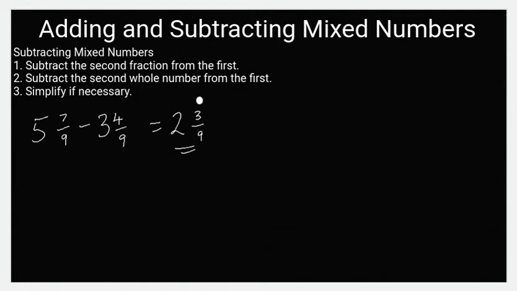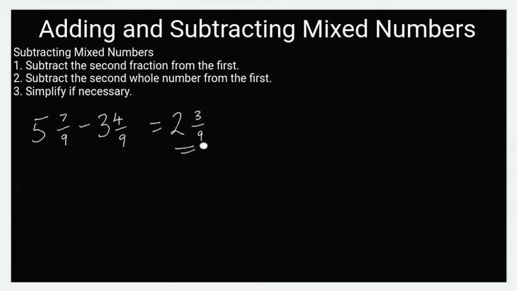Alright, let's see if we can try subtracting mixed numbers with different denominators. Okay, let's check. Remember we meant to simplify if necessary. Okay, so this is actually an answer.